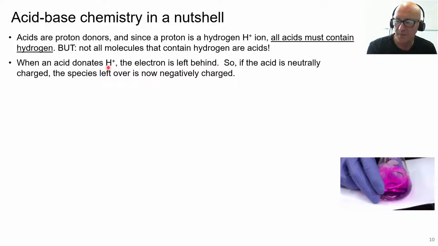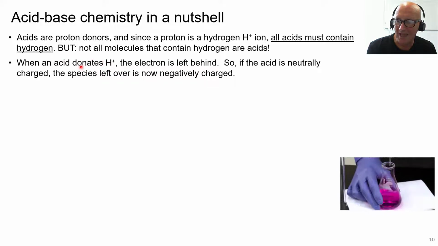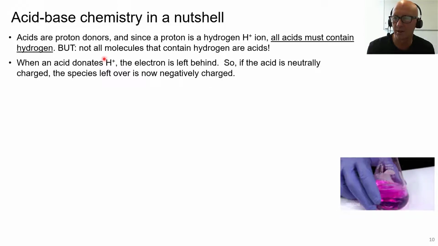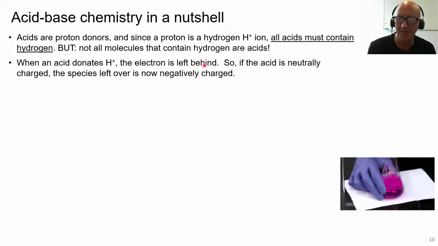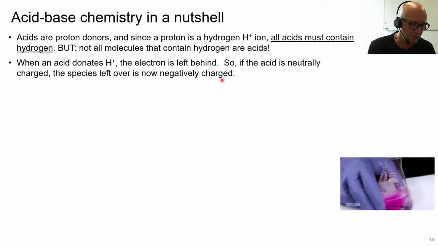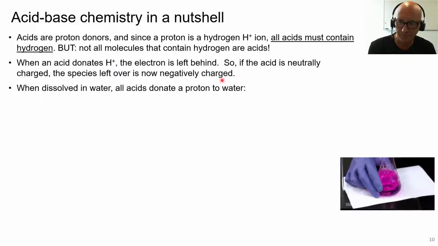So what's happening there? When an acid donates H plus, that hydrogen originally had its own electron associated with it, and that electron is left behind. So if the acid is neutrally charged and the H plus is left behind its electron, the thing that's left over must then be negatively charged.